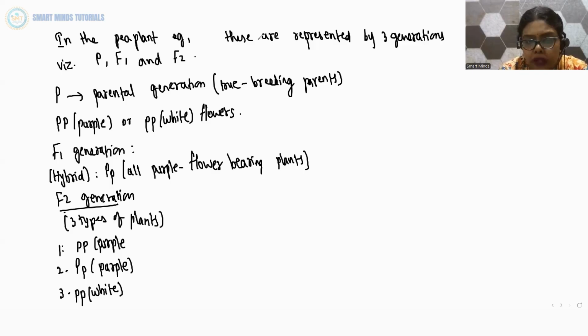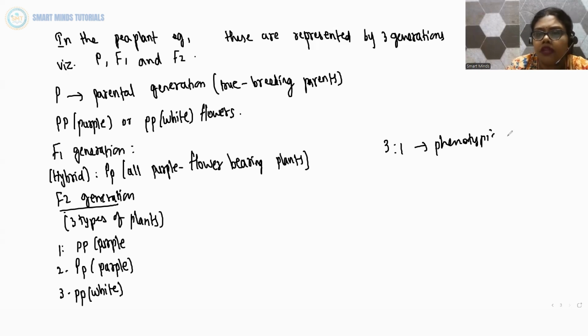So for the F2 plants, the ratio of plants with purple and white flowers, that is 3:1, is called phenotypic ratio. 3:1 is phenotypic ratio. And the genotypic ratio, as we have seen in Punnett square, is 1:2:1. One is for purple, the two is for capital P, small p, that is dominant is purple, recessive is white, and one is small p, small p.